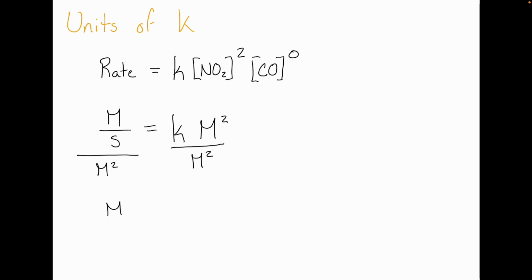So this becomes M over M squared per second. So how should I simplify this? I'm going to be able to get rid of one of those M's, right? This one's going to cancel with one of those. So my units of K are 1 over molar second.